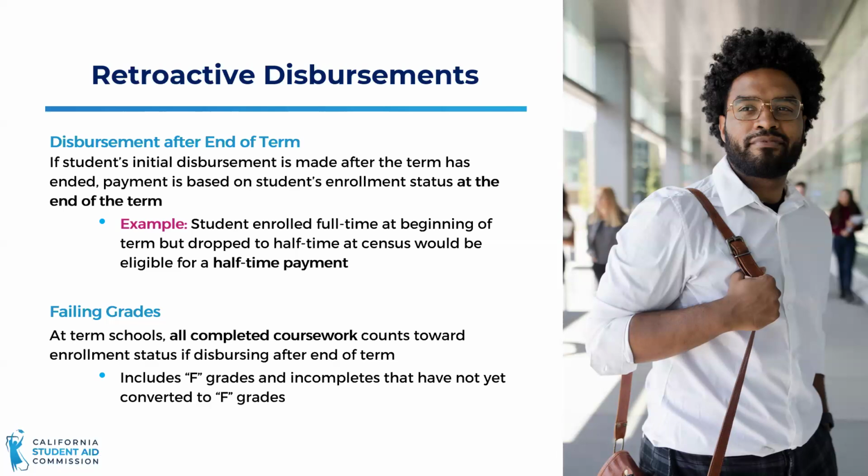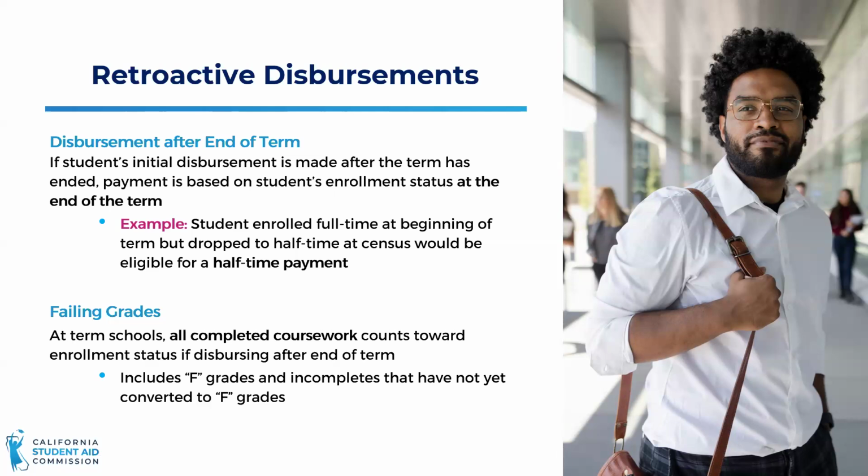But if you consider it this way, an F grade means that the student was in that course from start to finish. They finished the course. They may have failed grade-wise, but they were in that course. So you can pay Cal Grant even if the student earned an F grade or an incomplete grade that hasn't yet converted to an F because the student failed to complete the coursework.